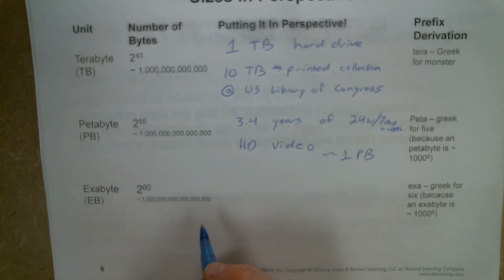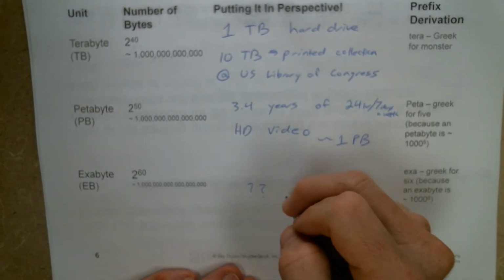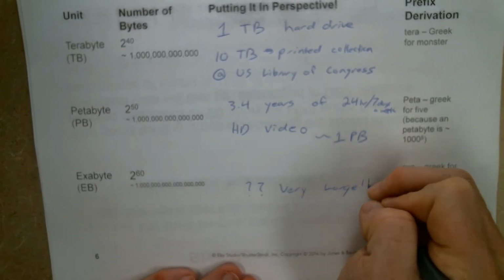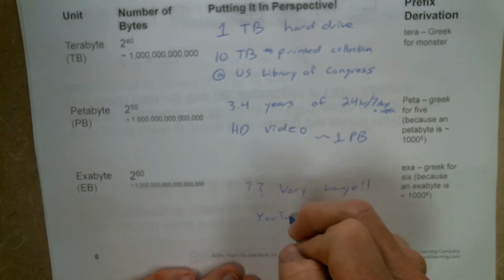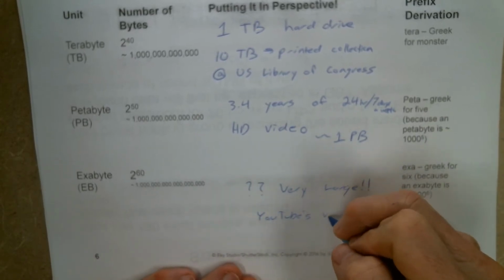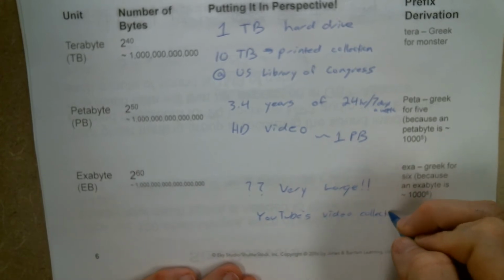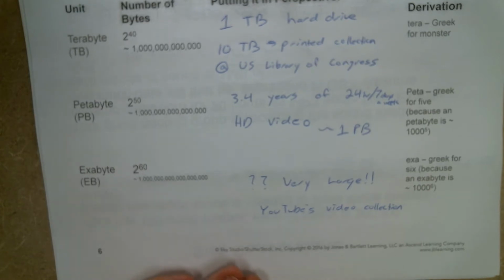Now, exabyte, what exactly is that? For right now, let's just say very large. But this is when you're starting to get into the realm of YouTube's video collection. So if you were to take all of the video on YouTube, you're starting to get in the realm of exabytes.